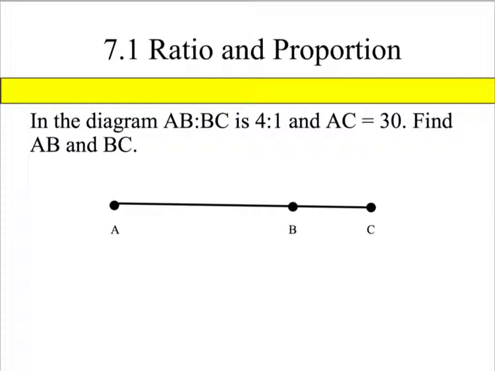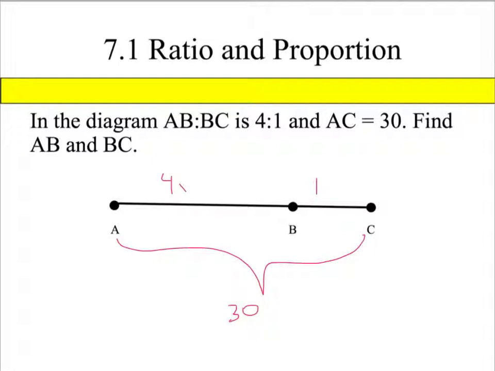All right, so we know the ratio and we know the entire length of AC, which is 30. We also know that AB is going to be 4 times what BC is. So we have 4 to 1, but we don't know what the actual measurements are.